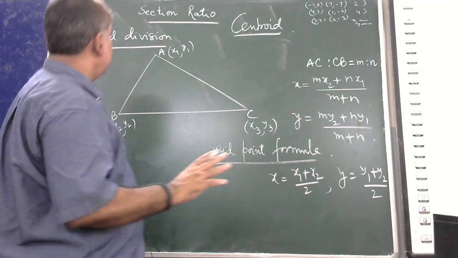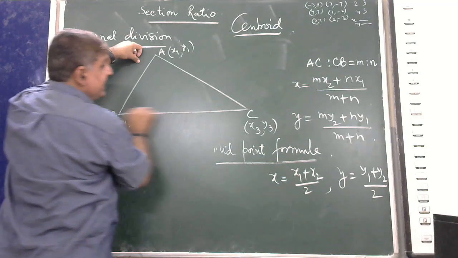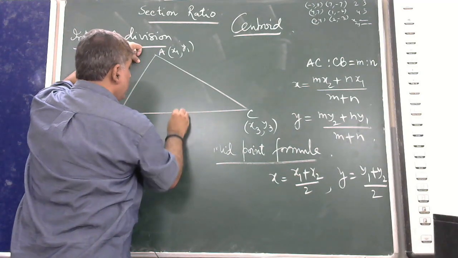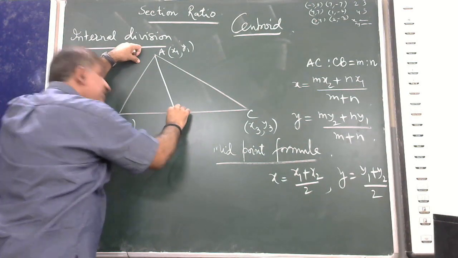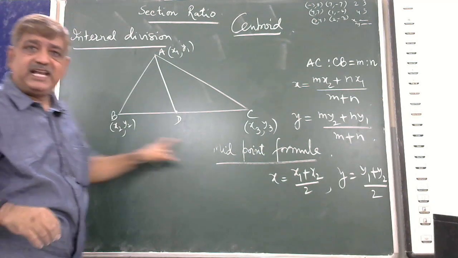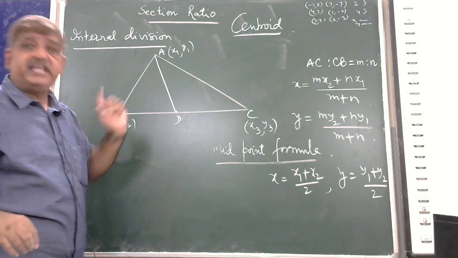So, if we take the midpoint D of BC and join AD, this is a median for triangle ABC and our centroid lies on this median.